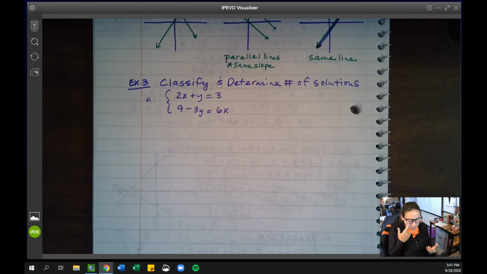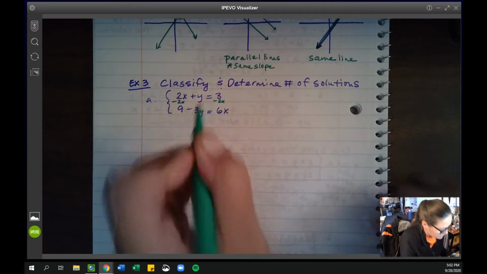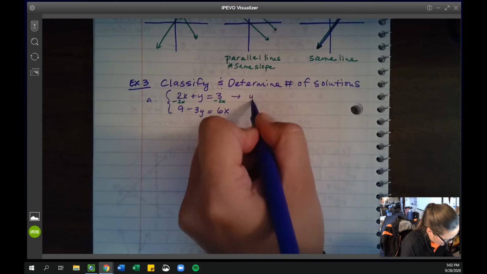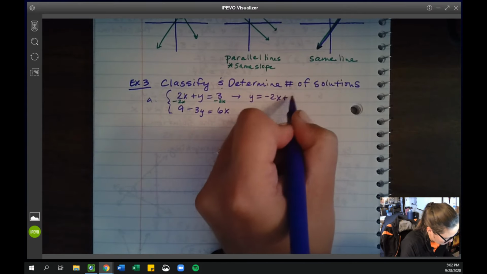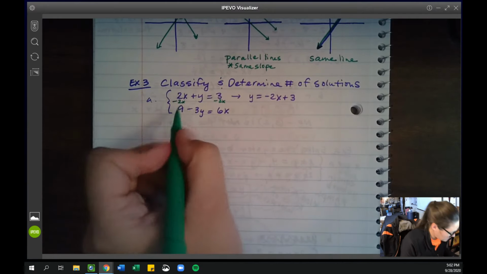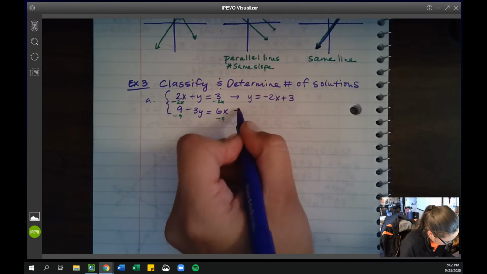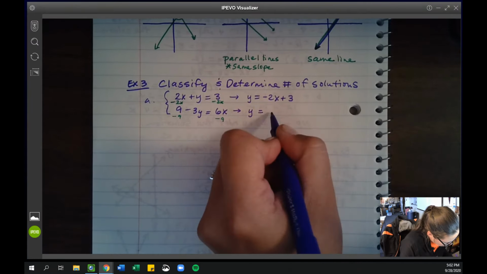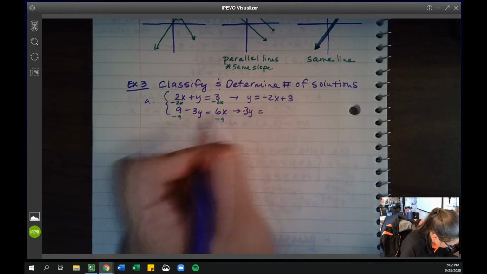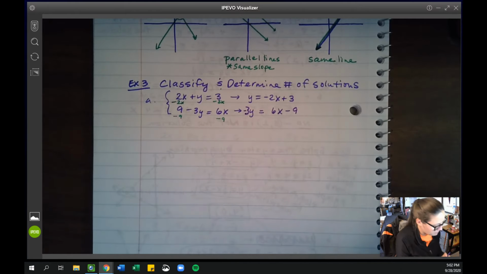So get them into slope-intercept form. So I'm going to subtract 2x from both sides, which gives me y equals negative 2x plus 3. Now for my second equation, I'm going to subtract 9 from both sides, which gives me negative 3y equals 6x minus 9.